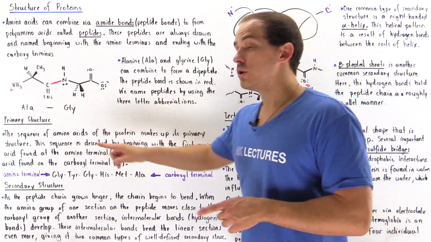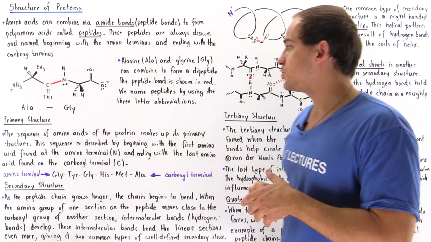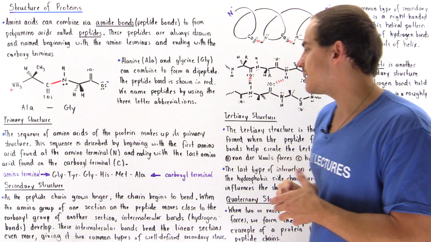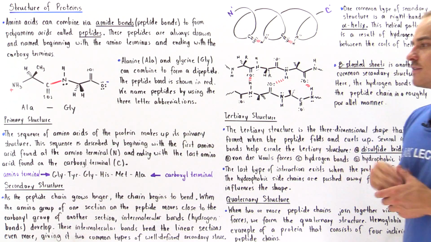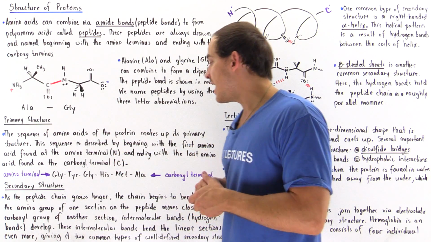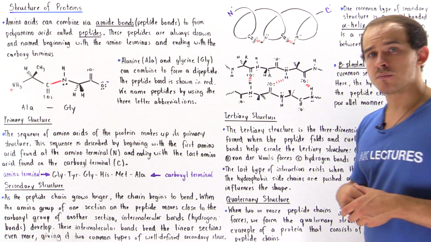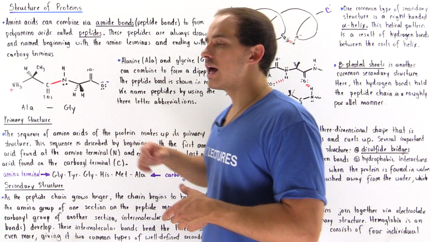This sequence is always described by beginning with the first amino acid found at the amino terminal, which is designated with the letter N, and ending with the last amino acid found on the carboxyl terminal, which is designated with the letter C.